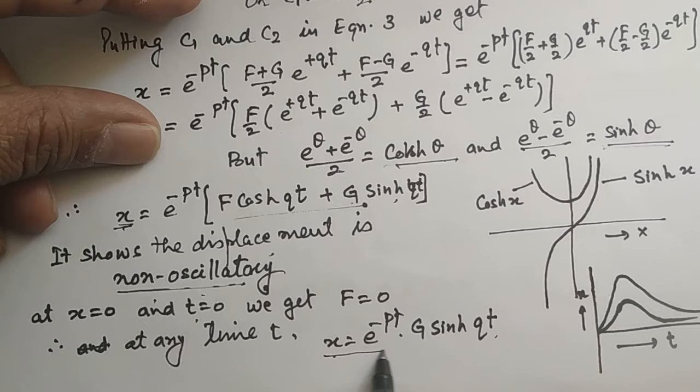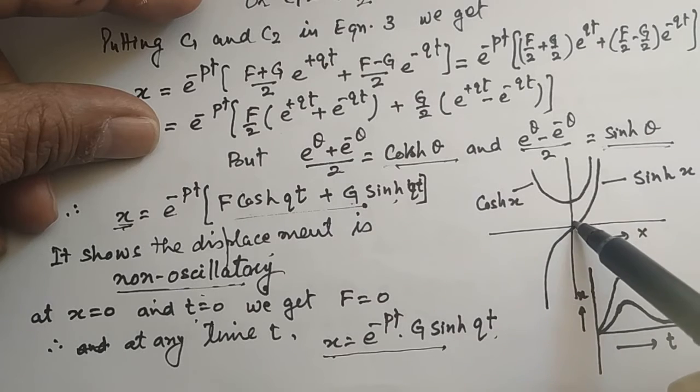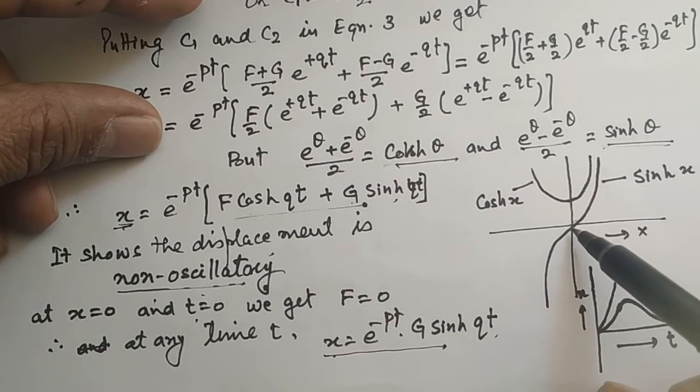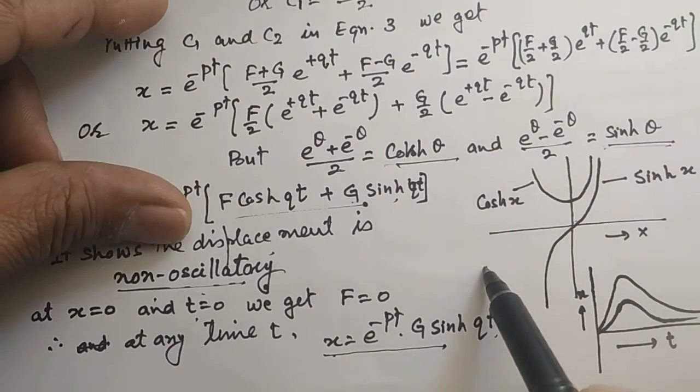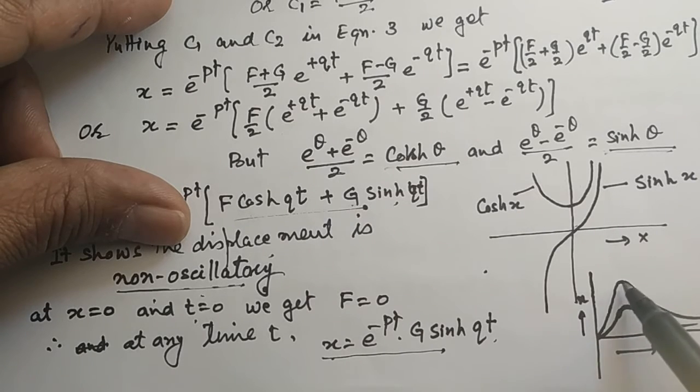And the value of this function, naturally, you will find that it will increase like the sine hyperbolic function. That means in the starting it will increase like this, but it won't go on for long because damping is there. Then this damping factor will come and it will decrease exponentially from here like this. So the graph of such non-oscillatory displacement will come out to be like this.